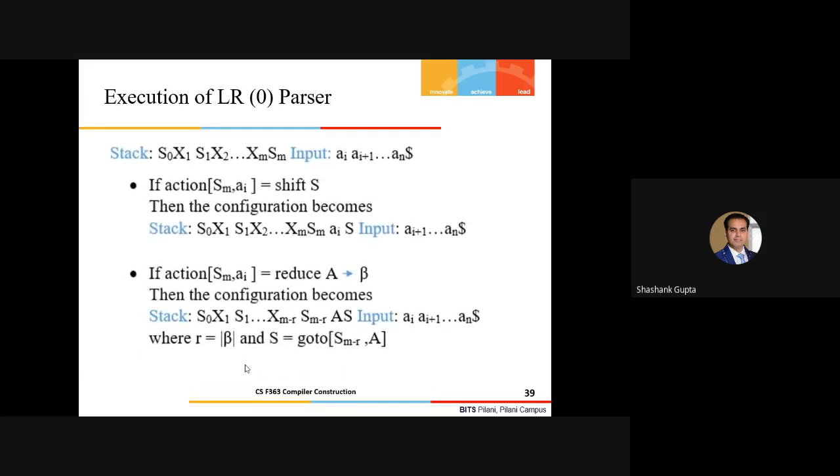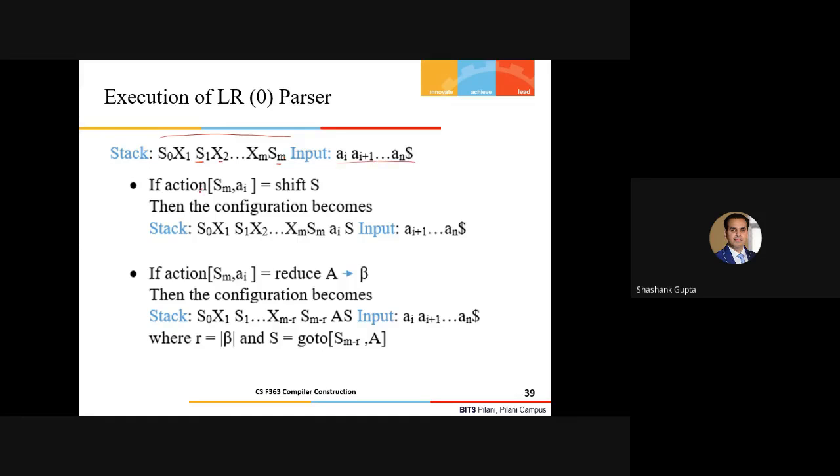So again, let's relook at what exactly we have seen through some generalized notion. Suppose your stack configuration is something like this: the initial state, the corresponding grammar symbol, and the corresponding state, and again every state symbol corresponds to some grammar symbol, up to this state SM. And this is my input which I'm supposed to parse.